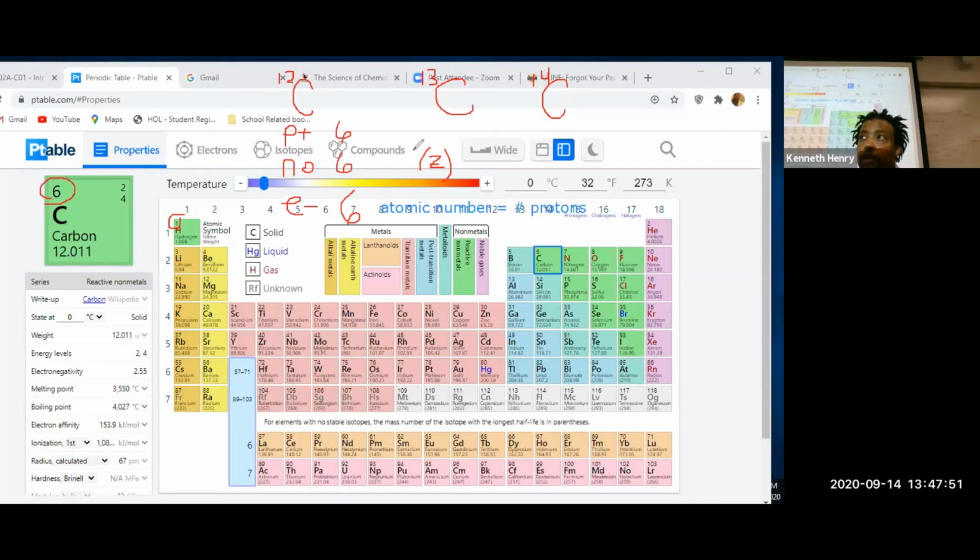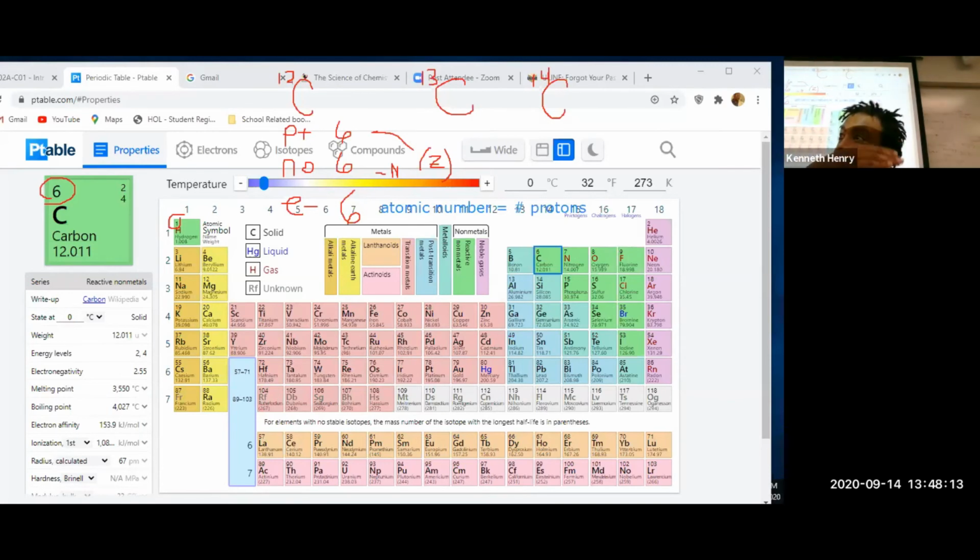So protons will be the same as your Z. N is going to be your number of neutrons, capital N. Okay, and we know that your protons and electrons have to be balanced out if that atom is neutral.